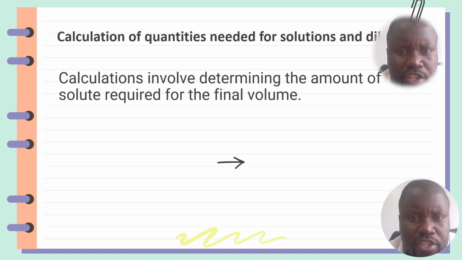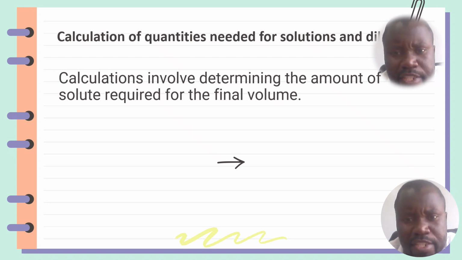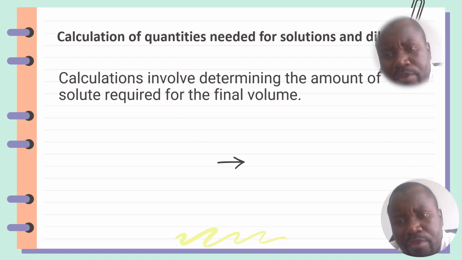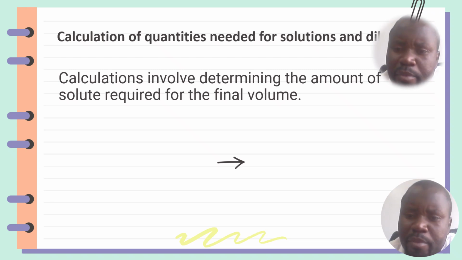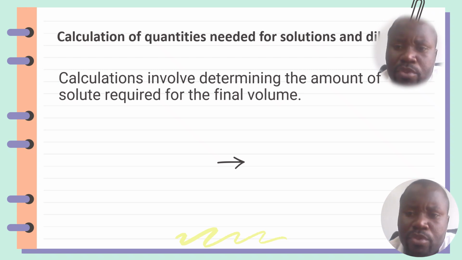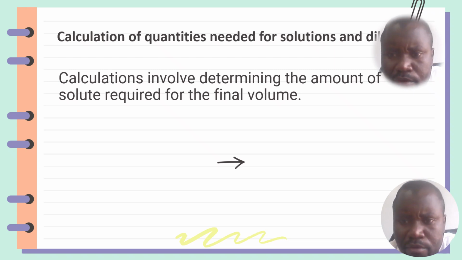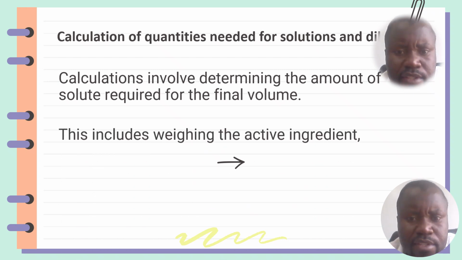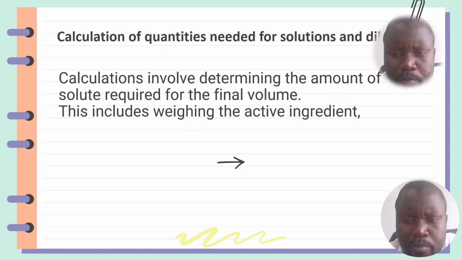Some of the calculations would involve determining the amount of a solute required for the final volume. So if, for example, the final volume is 500 mLs, where do you start from? A number of calculations have to be done, but first of all we have to determine how much solute we need to dissolve in a particular solution. Again, we want to produce a particular amount per unit of issue.